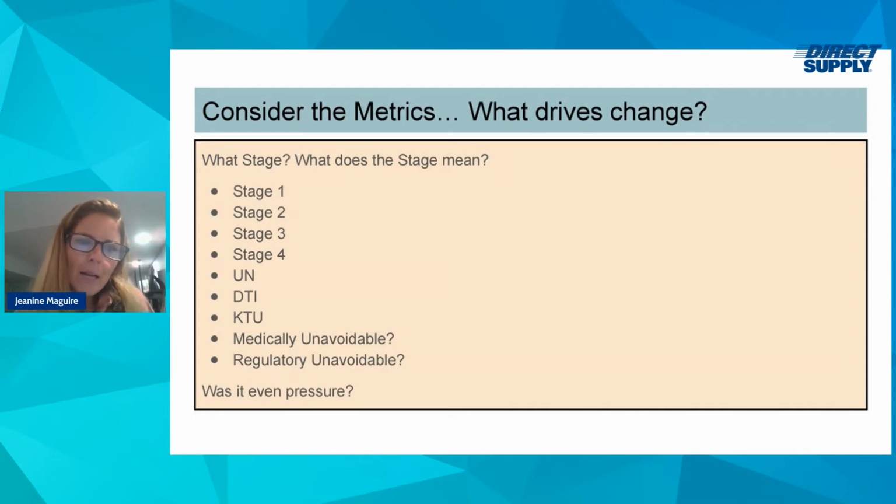So when you're thinking about metrics, what you want as a never event would be an avoidable stage 3, 4, unstageable. Now, the DTI is a little bit more difficult, so you definitely need to investigate the why behind that, make sure it is indeed a pressure. And sometimes they certainly do evolve, and that's the natural evolution to a full thickness, and sometimes they don't.